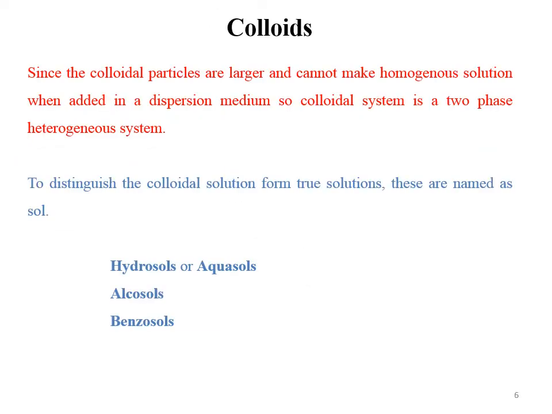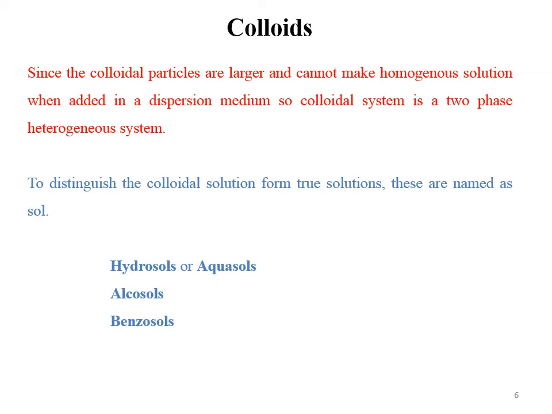The most commonly used colloids are those where a solid is dispersed in a liquid. It means the dispersion medium is a liquid while the dispersed phase is a solid. And this system is also quite similar to the true solutions. However, to distinguish the true solution from the colloidal solution, these are mostly named as sol. And this sol further can be classified into different classes depending upon the nature of the dispersion medium.